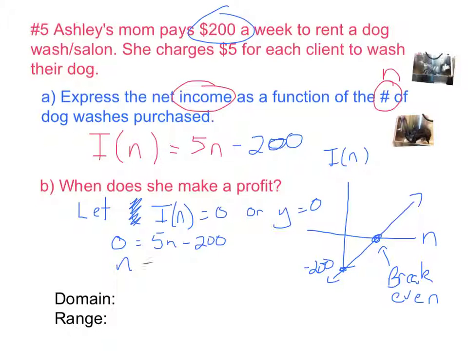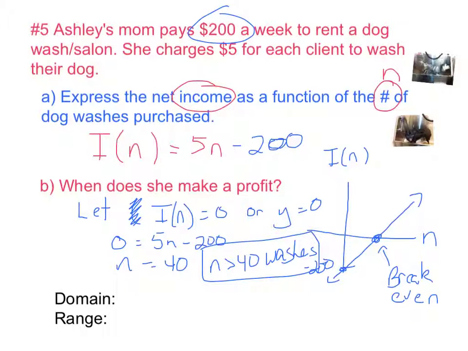Solve that for n, and you will get 40. So at 40 dog washes, she breaks even, which means anything greater than 40 dog washes, she will make a profit. You probably could have done that in your head, relatively simple, relatively easy.